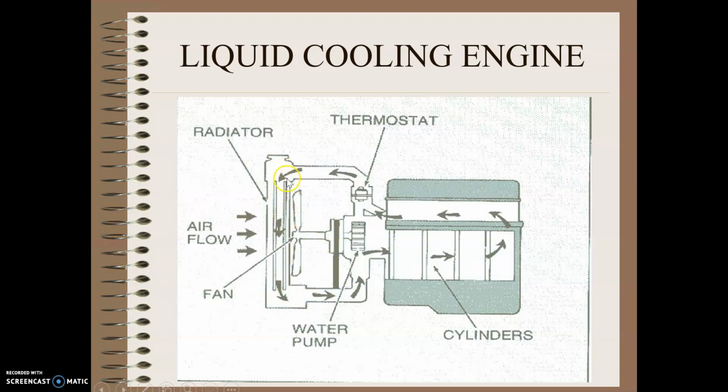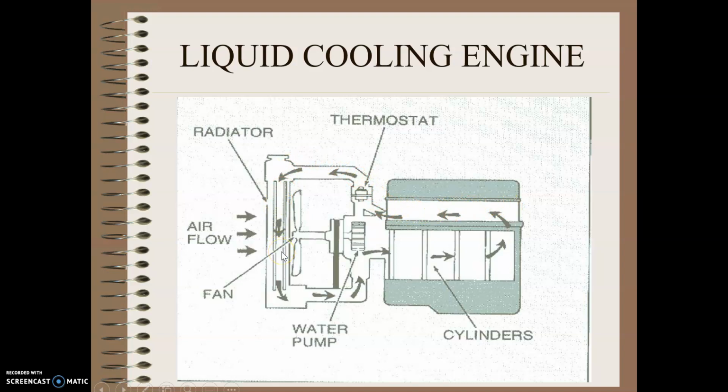And what happens is that radiator is a hollow, almost tank, okay, that has air fins in it, cooling fins, and we fill that tank up with some sort of a coolant, usually an antifreeze. You can use water, but antifreeze is better because it doesn't freeze in the wintertime. And what happens is we've got a water pump that pumps that coolant through the radiator, okay, into the engine in a channel that runs past the cylinders, okay, and then back up into the radiator again.